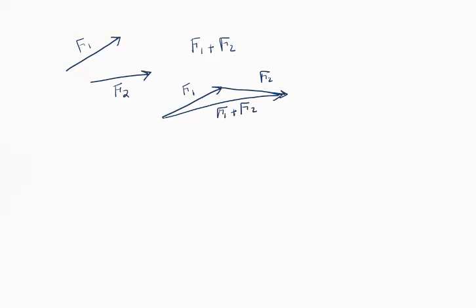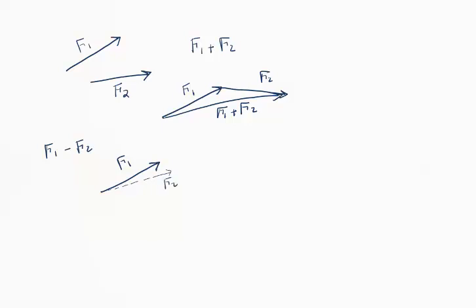Now what if we want to do F1 minus F2? This we can just keep the vector F1 in its original orientation, and then the vector F2 would be in the opposite orientation. Let's say this is the original vector F2.